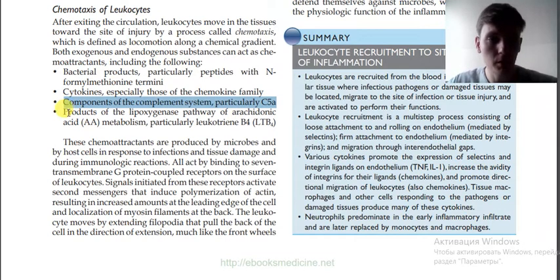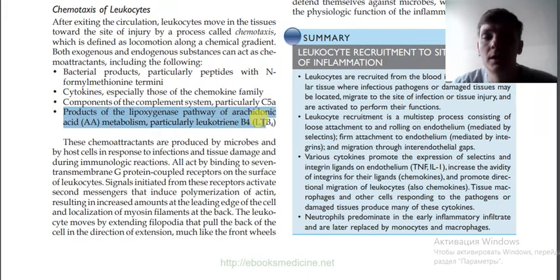Then products of the lipoxygenase pathway of arachidonic acid metabolism, particularly leukotriene B4, LTB4.